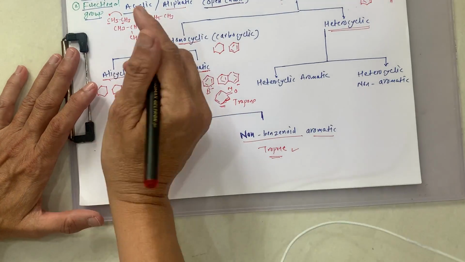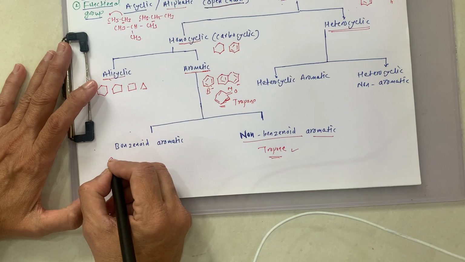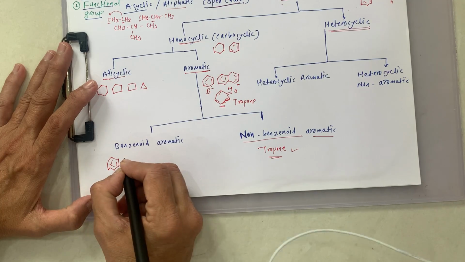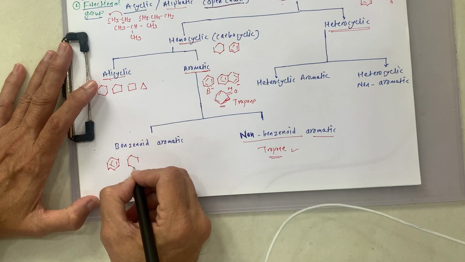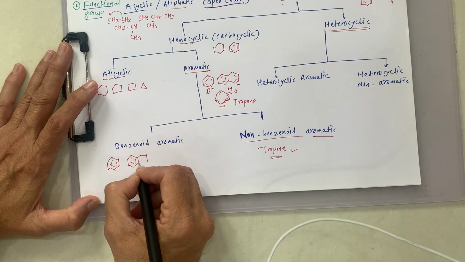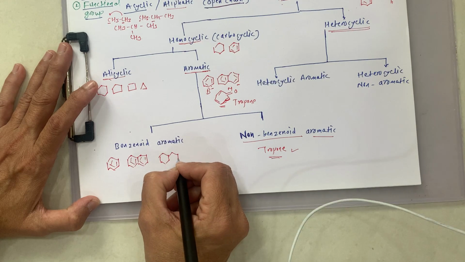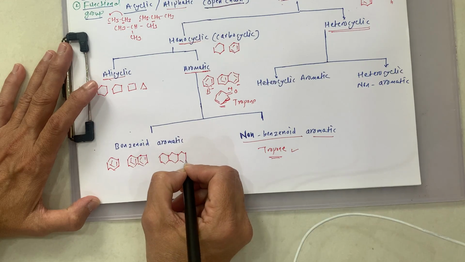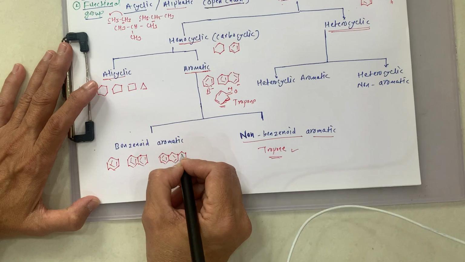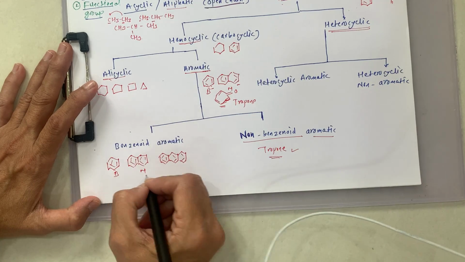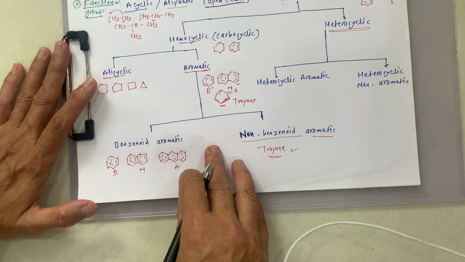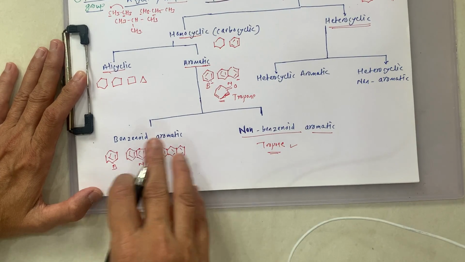While benzenoid aromatic compounds, that is the benzene ring or naphthalene like this, or anthracene, all these are benzenoid aromatic compounds.